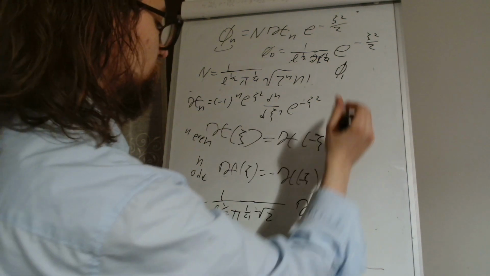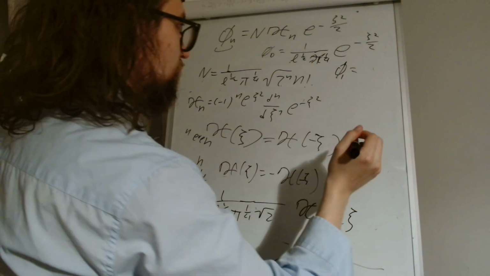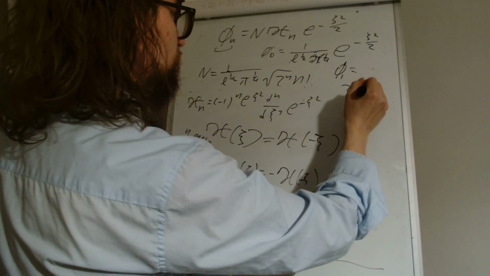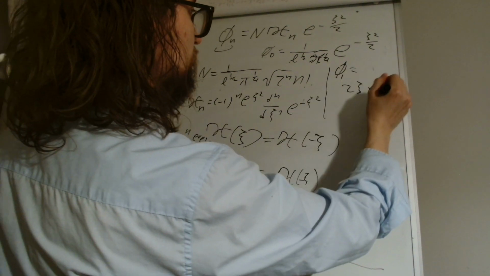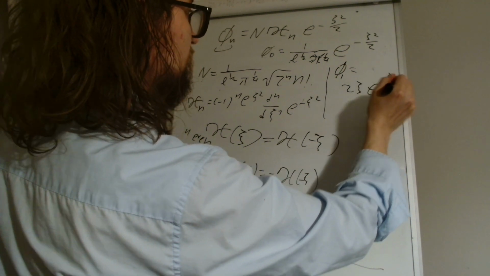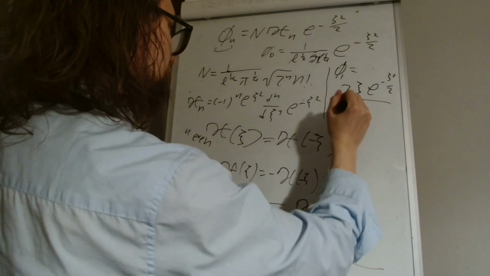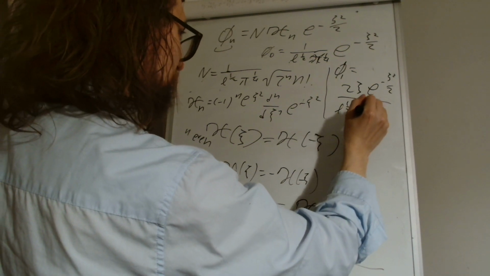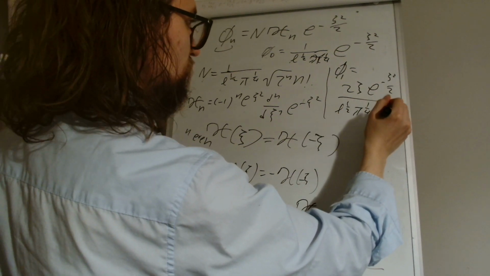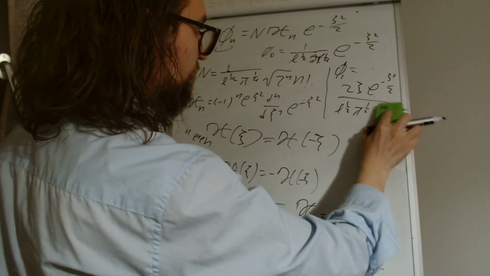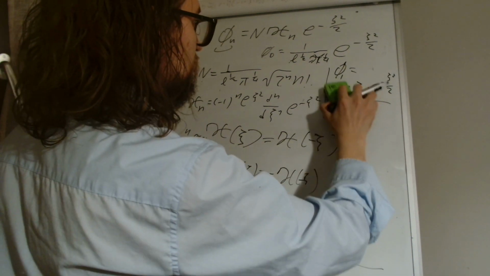So our function is going to be 2c times e to the minus c squared divided by 2, divided by L to the 1/2 pi to the 1/4 square root of 2. So we are going to get a square root of 2 here.